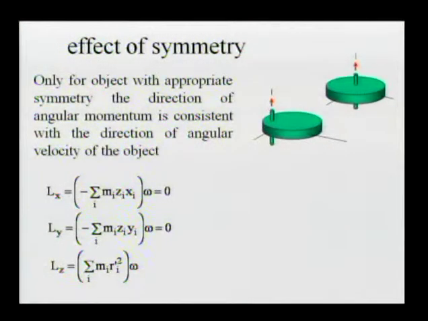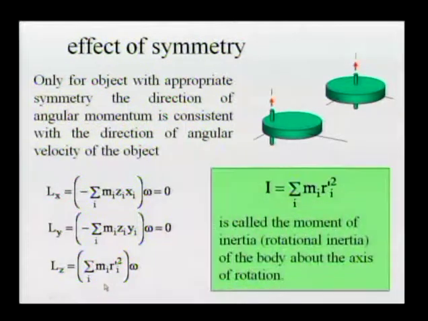All right. And in the case when angular momentum is parallel to angular velocity, then the proportionality coefficient between them is this number. Now, this number is called the moment of inertia of the body about the axis of rotation.